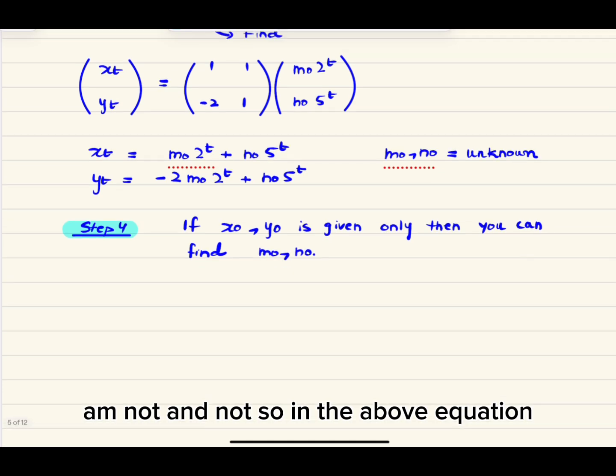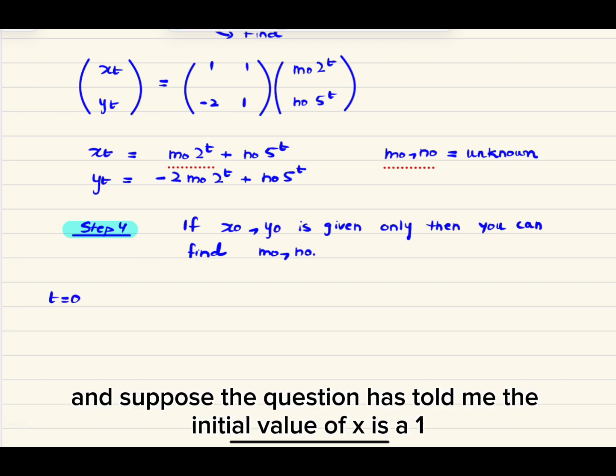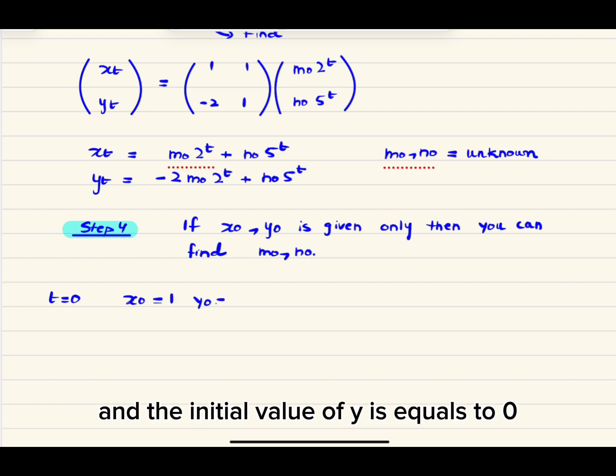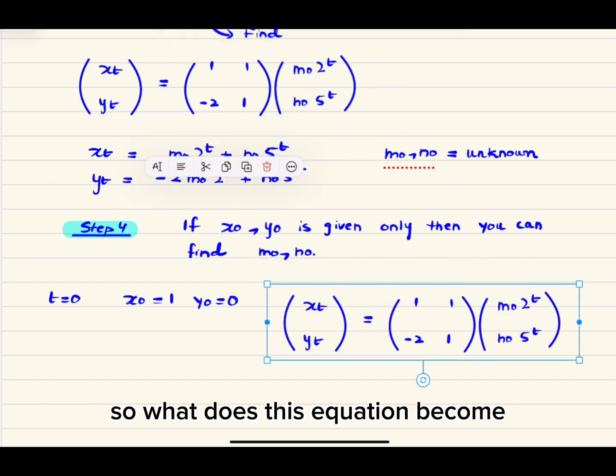So in the above equation, what if I take t equals 0, and suppose the question has told me the initial value of x is 1 and the initial value of y equals 0. So what does this equation become?